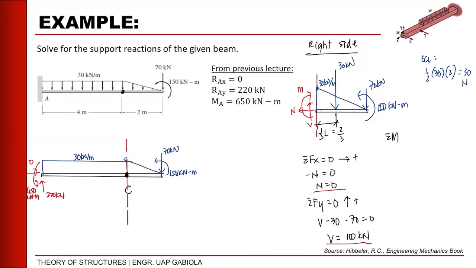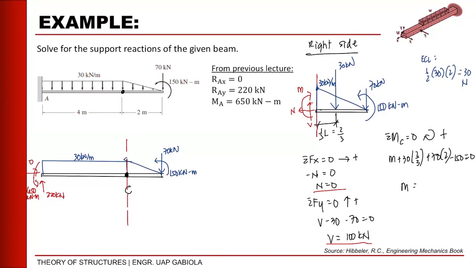And we have summation of moment at C is equals to 0. Taking clockwise as positive. Okay? So, ang clockwise natin are yung M, itong dalawa. And then, counterclockwise yung applied moment natin. So we have M plus 30 times 2/3 yung distance natin, plus 70 yung full length natin, minus 150 is equals to 0.